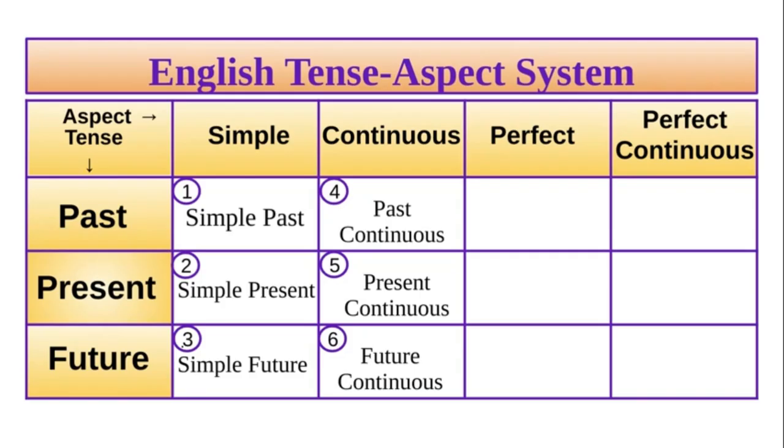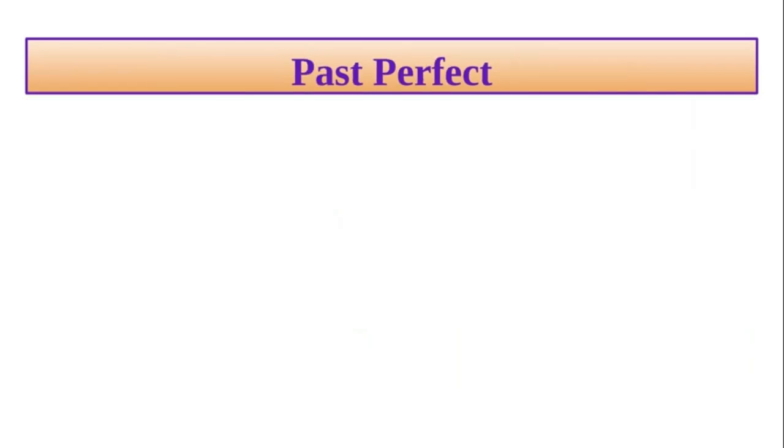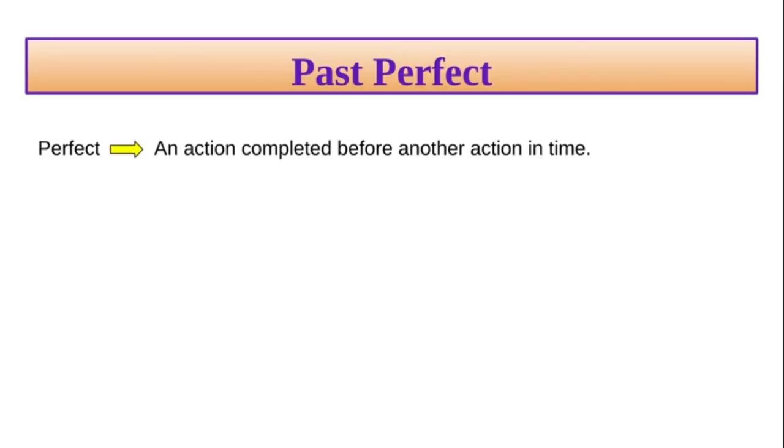The next English tense aspect combination, past perfect. Past perfect. The perfect aspect is an action completed before another action in time.